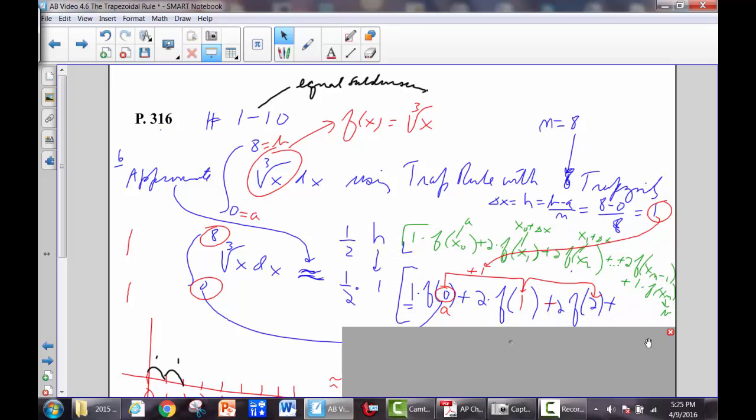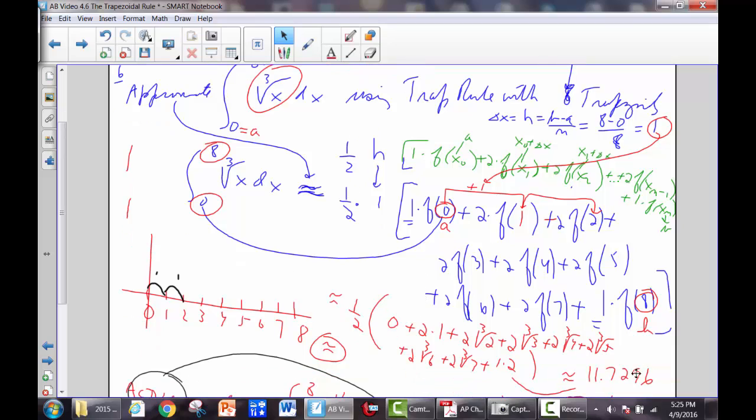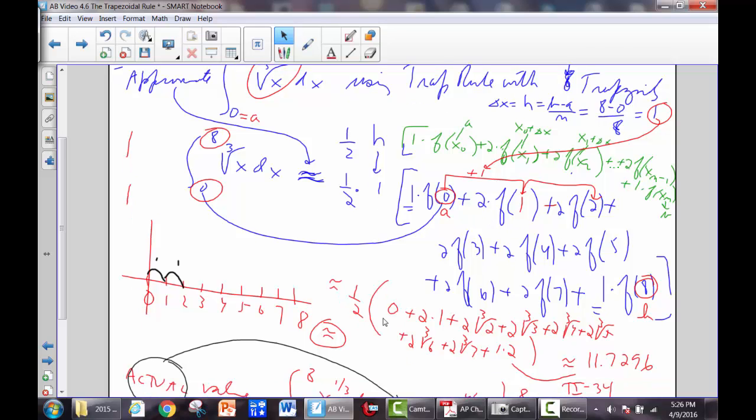So it will be 1/2 the height, which is our delta x, which is 1, times 1 times f of our lower limit of integration, which is 0, plus 2 plus 2 plus 2, times, and then all you do to get from one to the other is just add that 1, because we're adding delta x, and then 1 plus 1 is 2. And you'll keep doing that until you get to the last one, and the last one will have a 1. So remember, starts with a 1, ends with a 1, all the others are 2's.